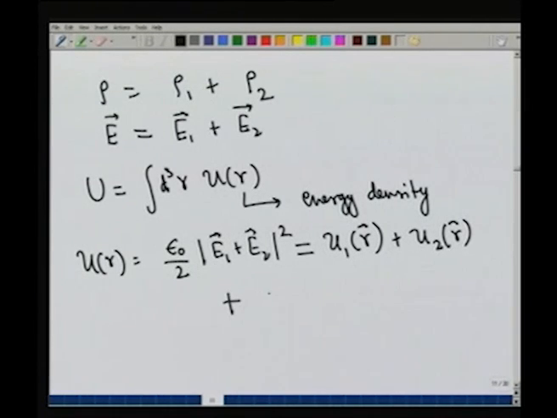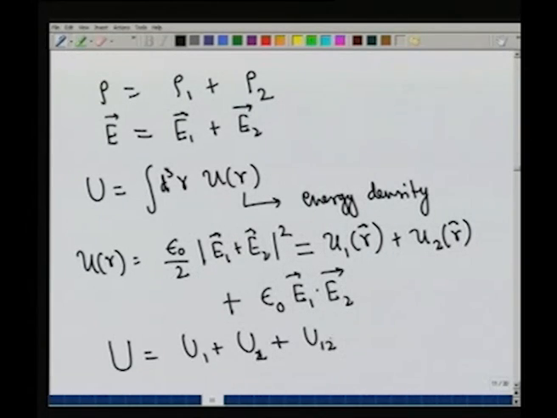Now comes the interesting term, that is epsilon naught E1 dot E2. And what does this expression tell me? Epsilon naught E1 dot E2 was indeed V. Therefore, I can write my total energy U to be U1 plus U2 plus U12, and U12 is identically equal to V. U1 plus U2 plus V.